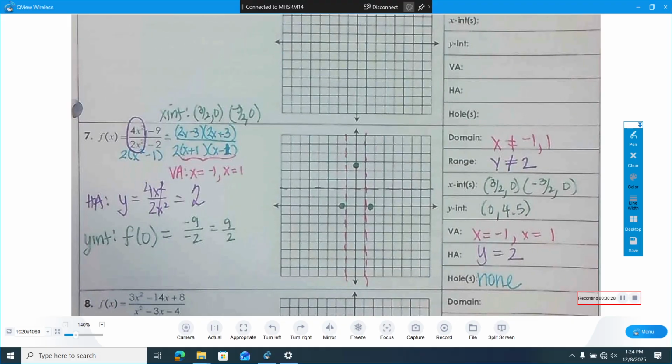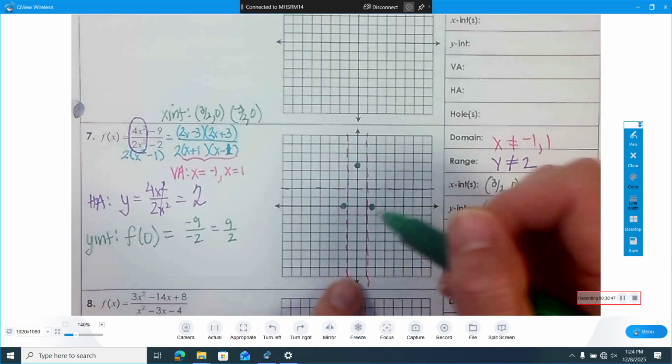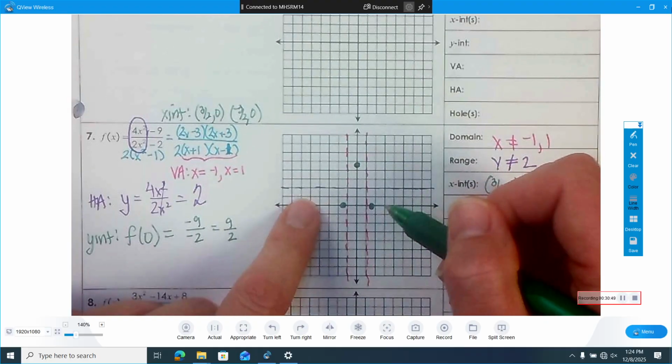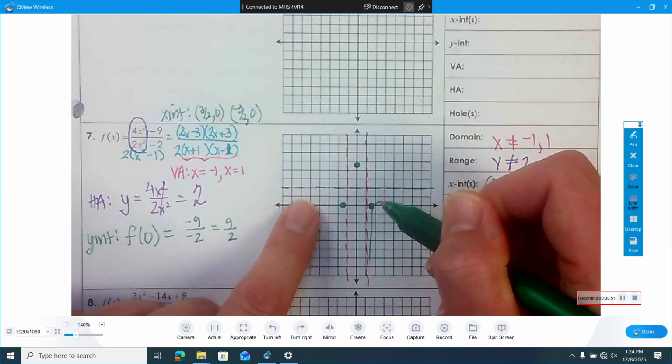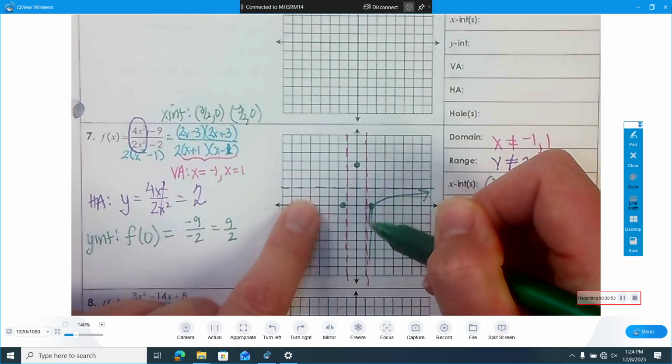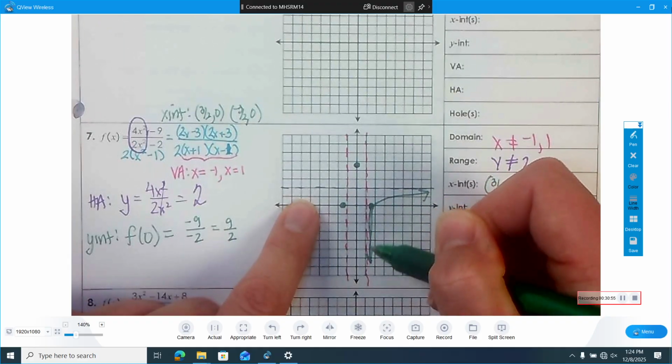Well, this is really interesting. What do you think this one looks like? We have 3 points on the board. Kind of weird, right? Yes, very good. So all rational functions have some sort of L shapes to it, and that's going to be in these outer sections here. We have this sort of L shape that gets close to our vertical and horizontal asymptotes.